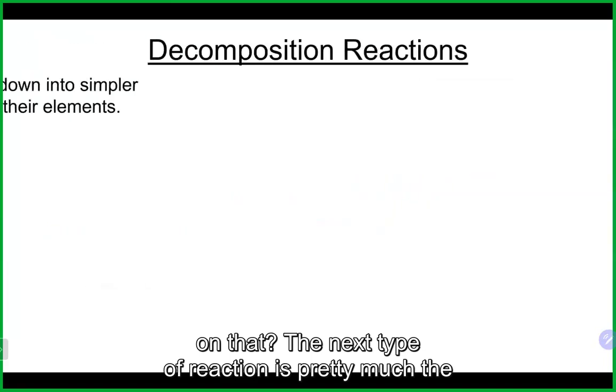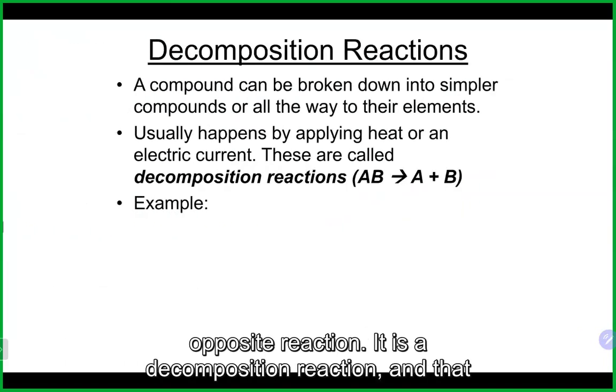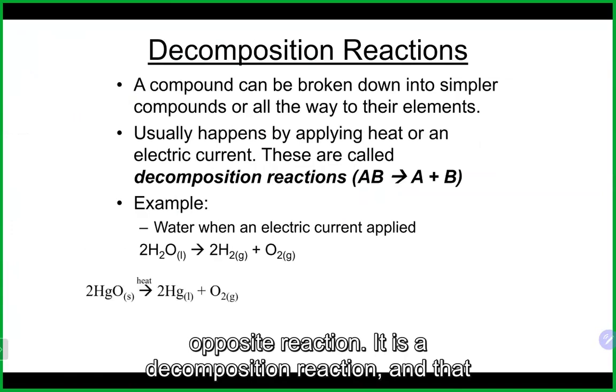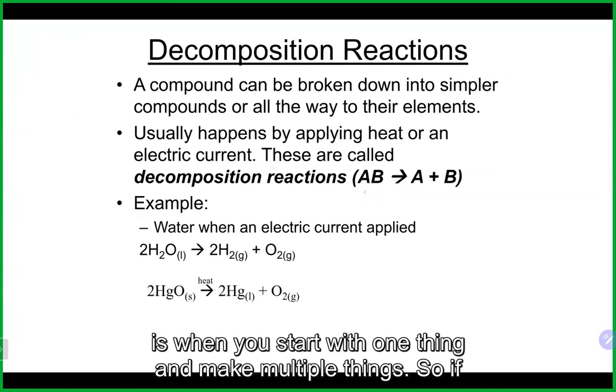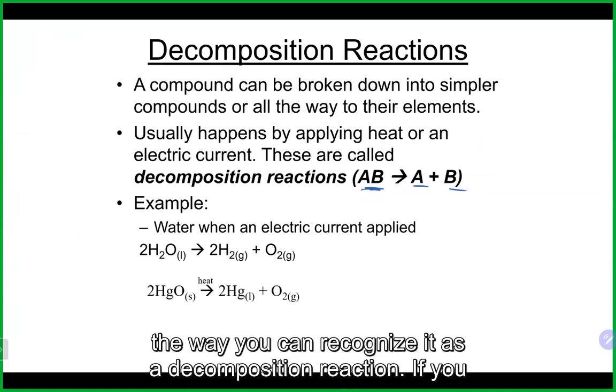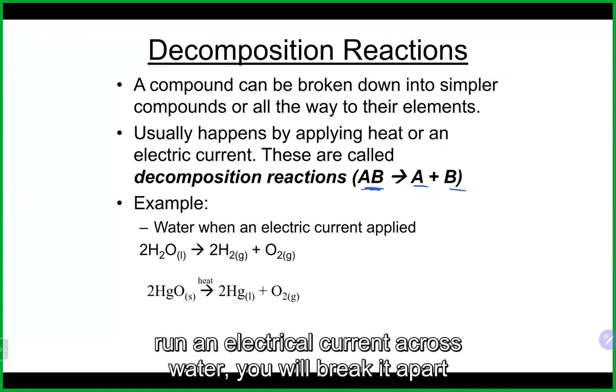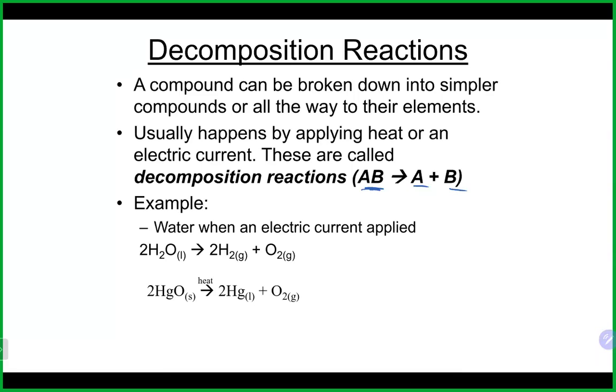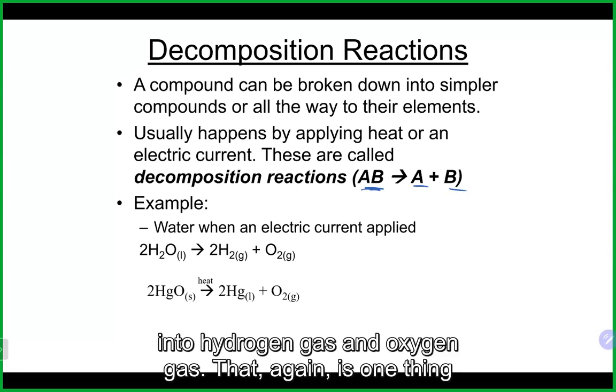The next type of reaction is pretty much the opposite. It is a decomposition reaction, and that is when you start with one thing and make multiple things. If you run an electrical current across water, you will break it apart into hydrogen gas and oxygen gas.